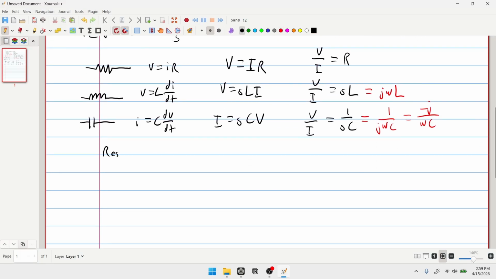So you notice the resistor has real impedance. The inductor has complex positive impedance.